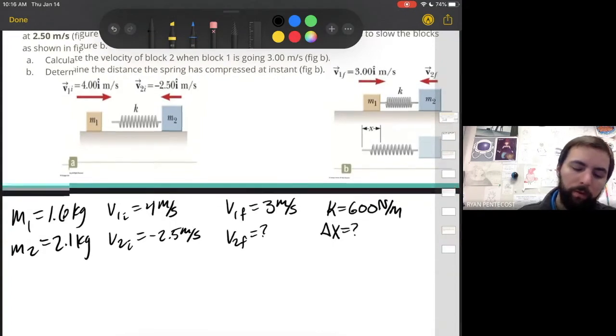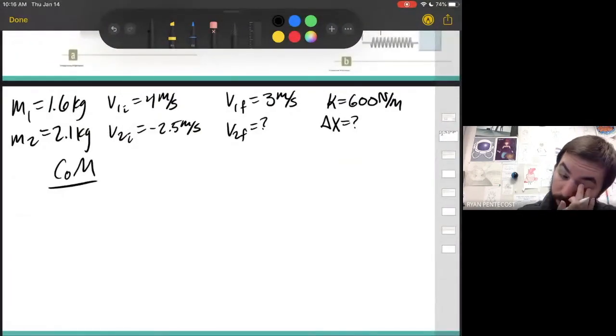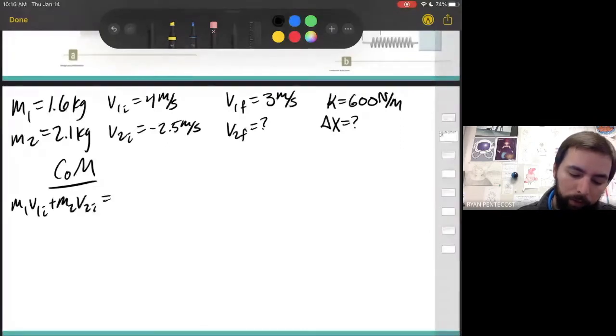First, we can use conservation of momentum to find V2F. We've got M1 V1 initial plus M2 V2 initial equals M1 V1 final plus M2 V2 final.